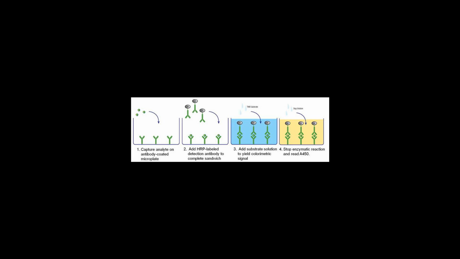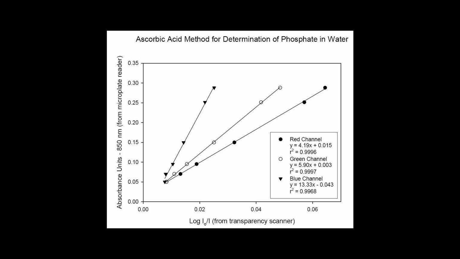Glucose, GOD-PERID method: glucose plus oxygen plus water, enzyme glucose oxidase, to gluconate plus hydrogen peroxide; plus ABTS, enzyme peroxidase, to colored complex. In this case, both stages of the reaction are catalyzed by enzymes.